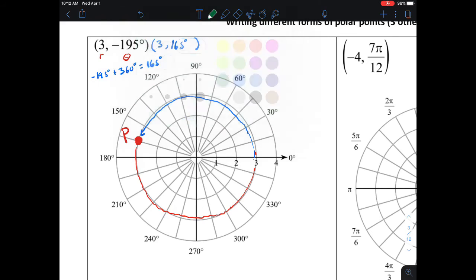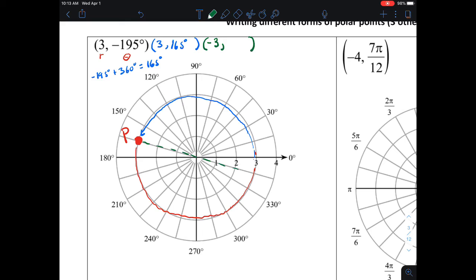So now let's make one where we have a negative radius and let's say a positive angle. So by me making the radius negative, what that means is I have to land on the other half of the circle.